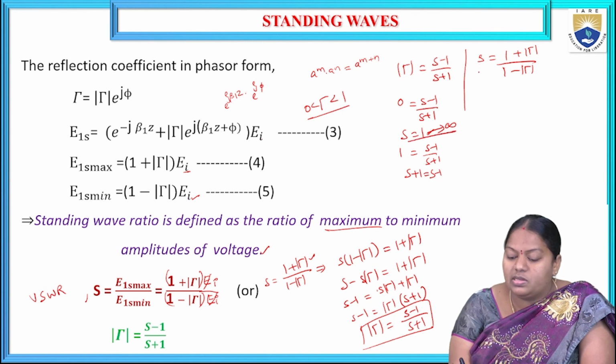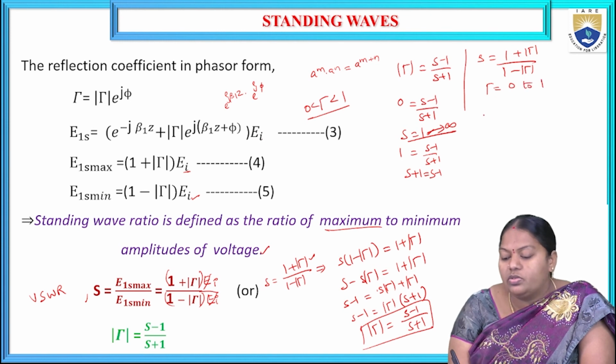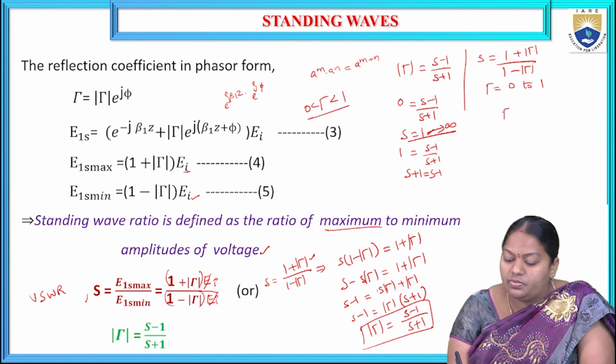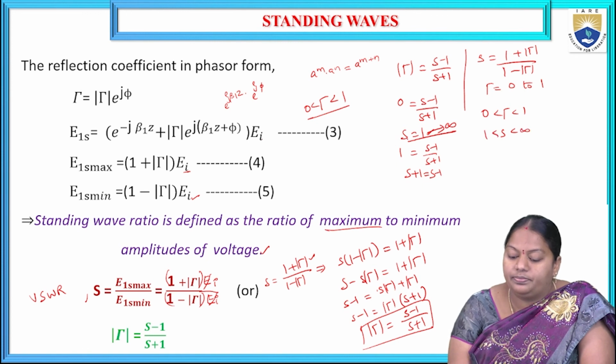So the ranges are: gamma ranges from 0 to 1, and S ranges from 1 to infinity.